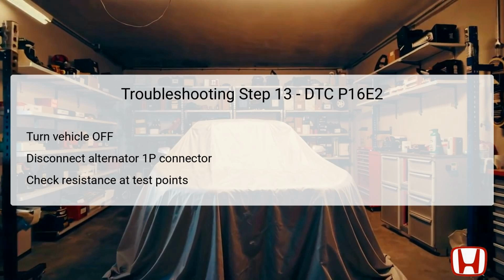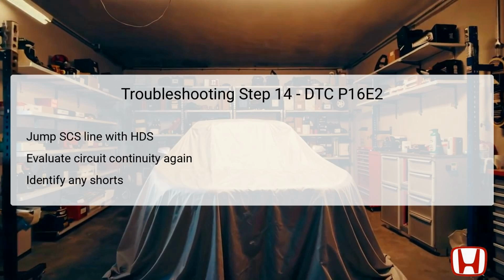Verifying integrity once more before proceeding. Perform another jump of the SCS line with the HDS to initiate the necessary diagnostics, while allowing time for the reset features to run appropriately. Check for continuity again, specifically between the alternator 1P connector terminal and body ground.